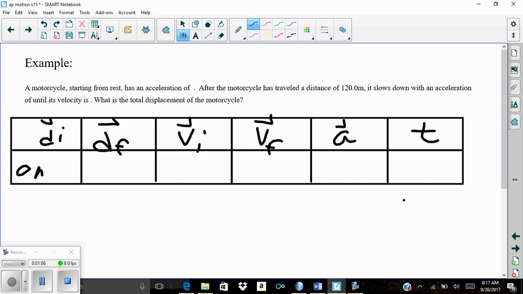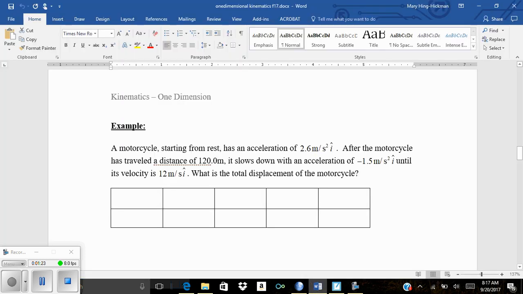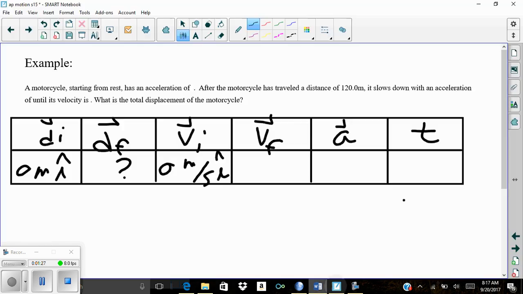I'm going to assume that I start at 0 meters. It's starting from rest, so that's 0 meters per second I hat. I get a final velocity of, right here, 12 meters per second I hat.